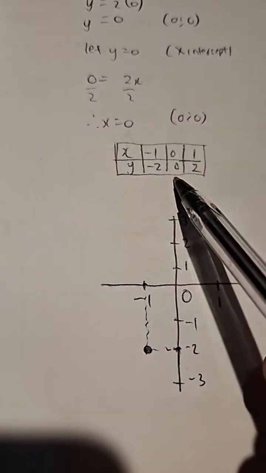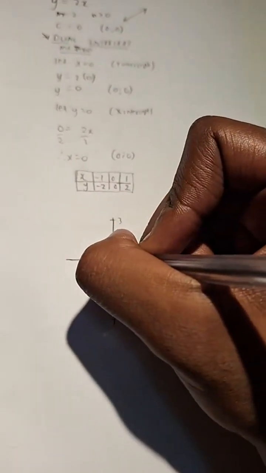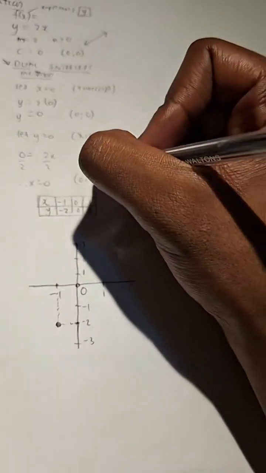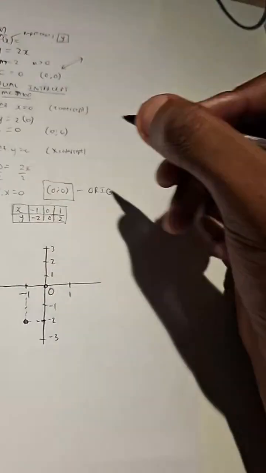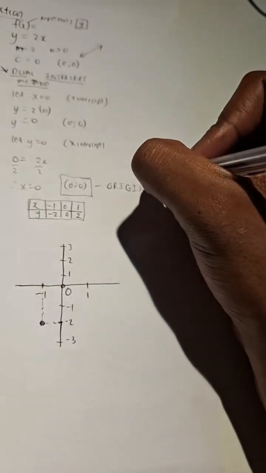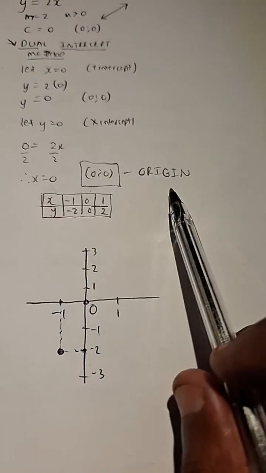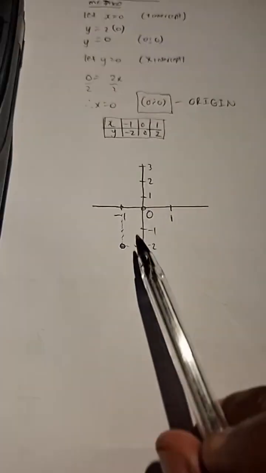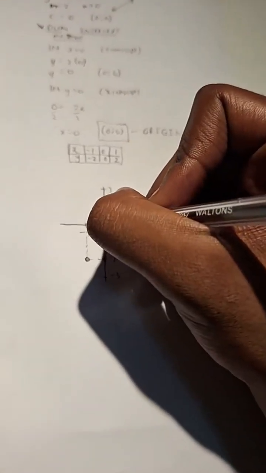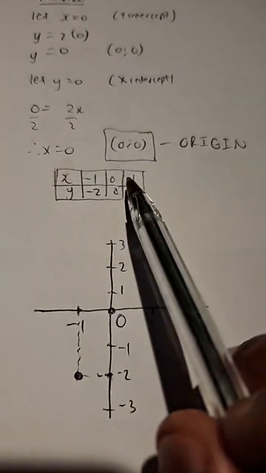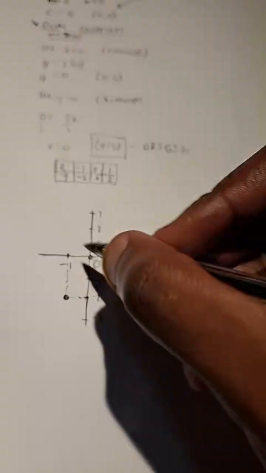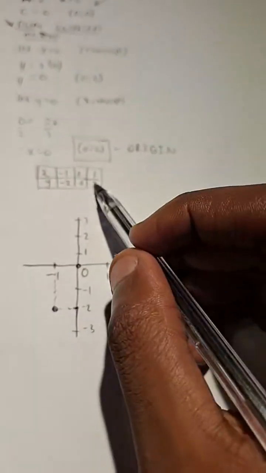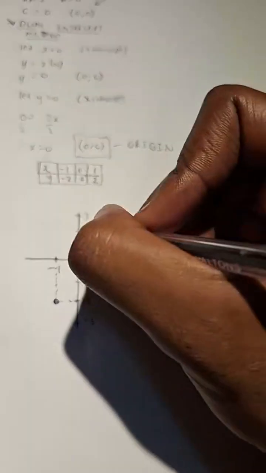Then 0 and 0, that is the origin. I just want to mention, guys, that 0, 0 is sometimes termed the origin. And last but not least, where x is 1, there it is, and where y is +2, that is there.